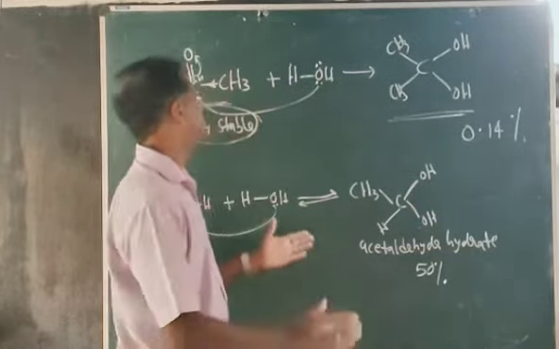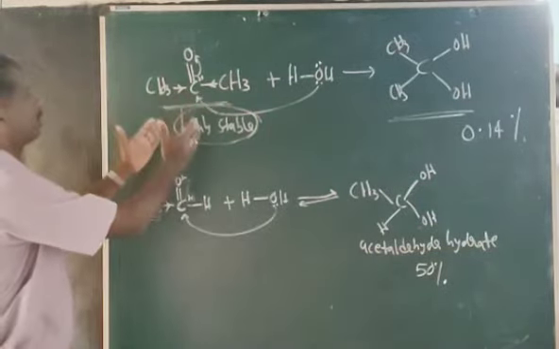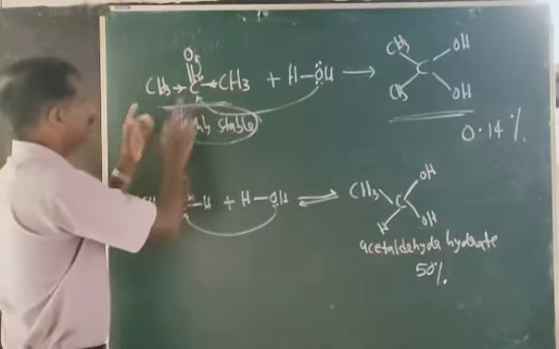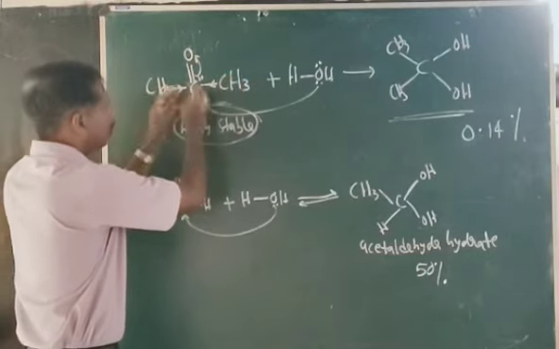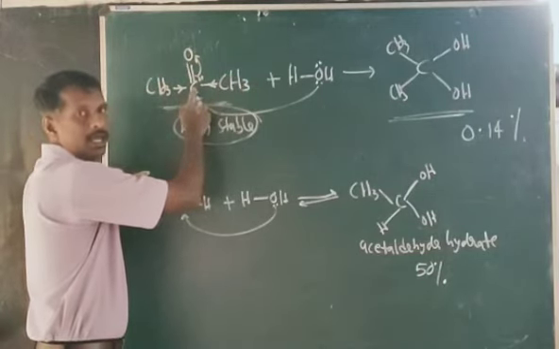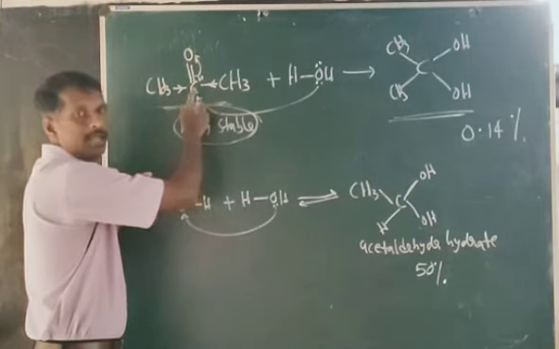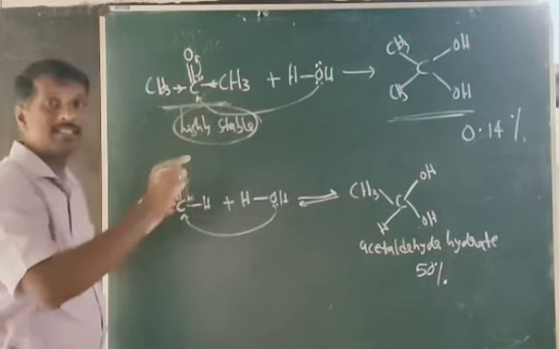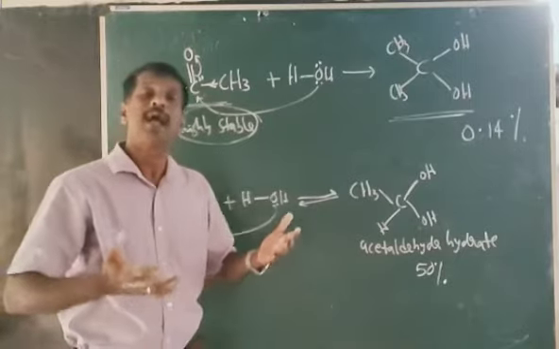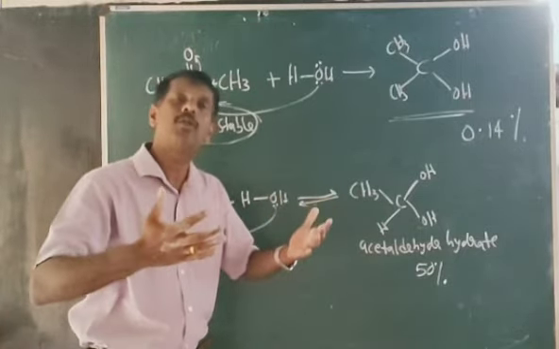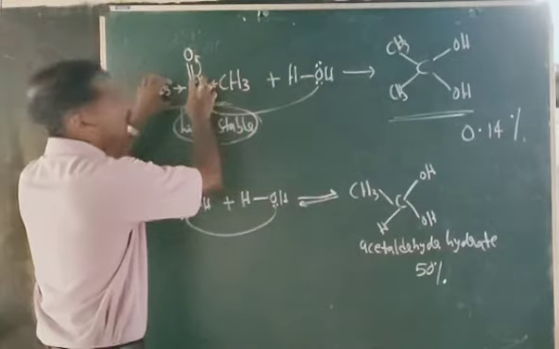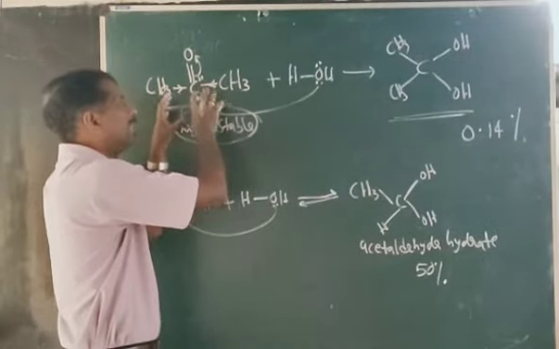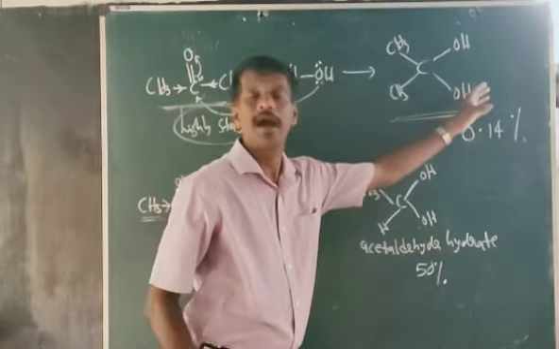Another factor in this case is the steric factor also. One is that the electron pushing group will reduce the positive charge on the carbonyl carbon. That means it will stabilize the carbonyl group, so it has more tendency to remain as a carbonyl compound and the least tendency to change into hydrate form.